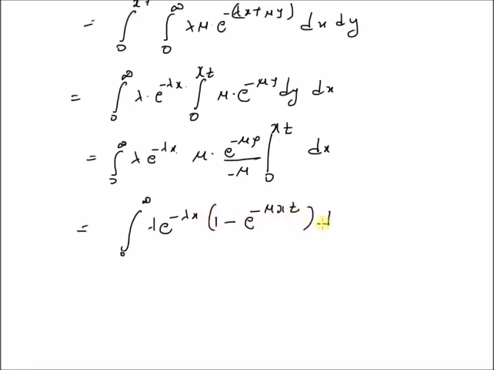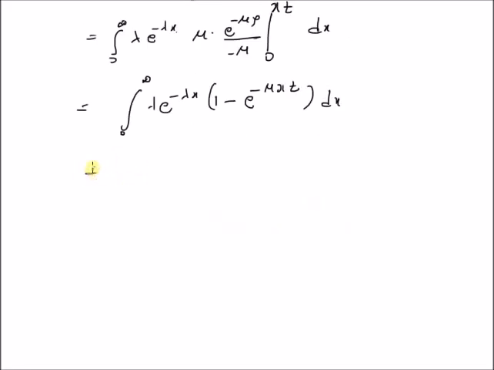Now this integral can be rewritten as the integral 0 to infinity of lambda into e power minus lambda x, that is the first term. The next term is lambda into e power minus (lambda plus mu z) into x dx. This term is derived by multiplying these two exponential terms.